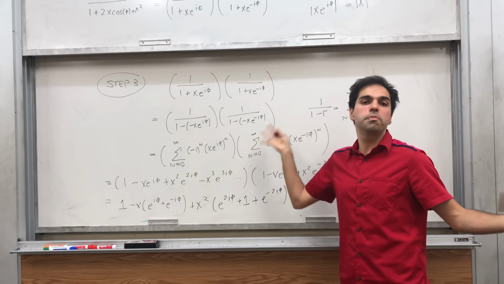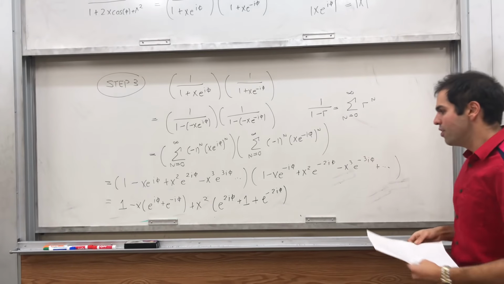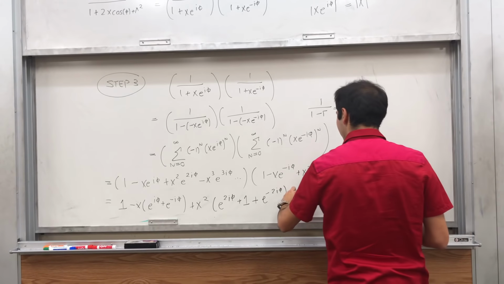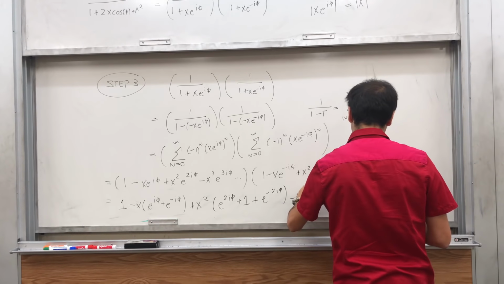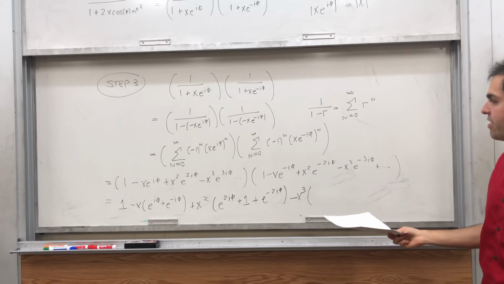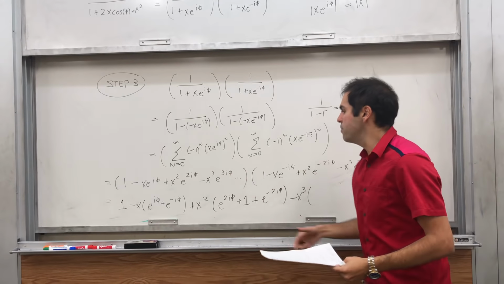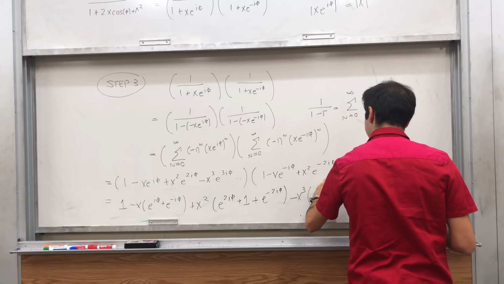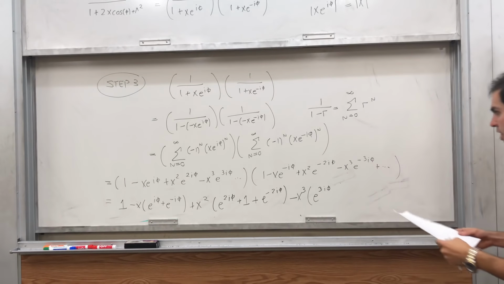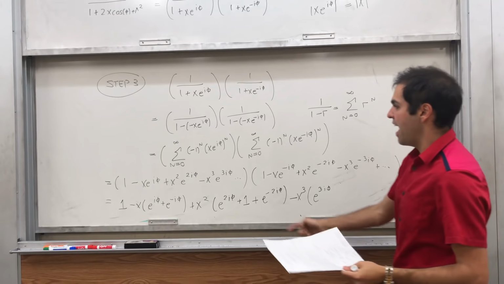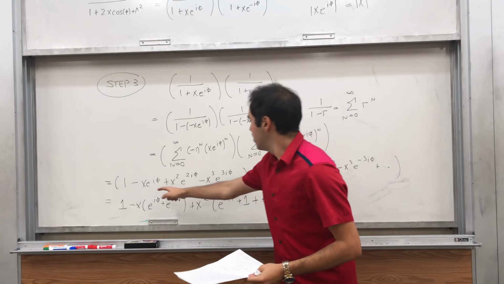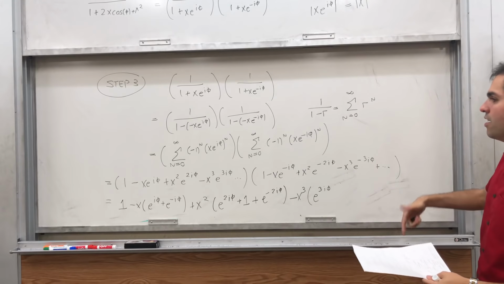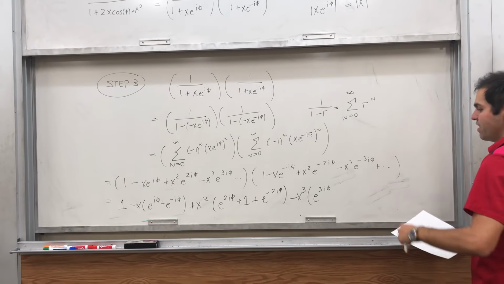Because then we have higher order terms, like x cubed times 1, which we don't really care about. Similarly for x cubed, the way to get x cubed is 1 times e to the 3 I phi. And then x times x squared, so e to the I phi times e to the minus 2 I phi, which is e to the minus I phi.